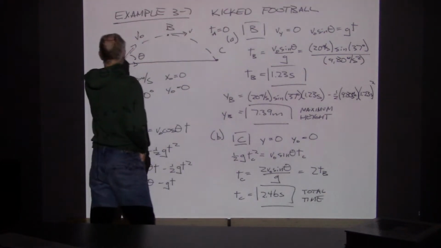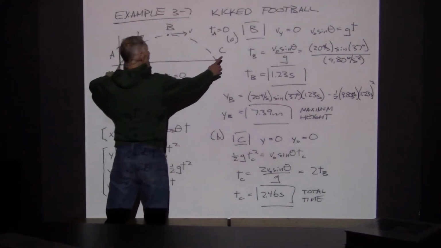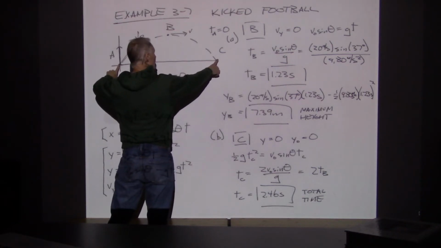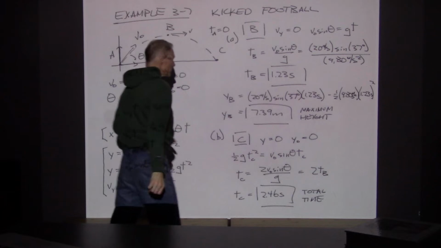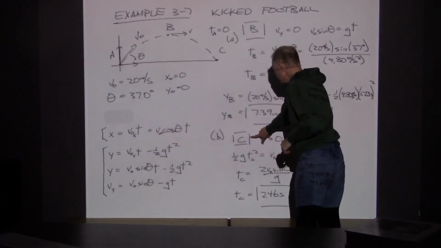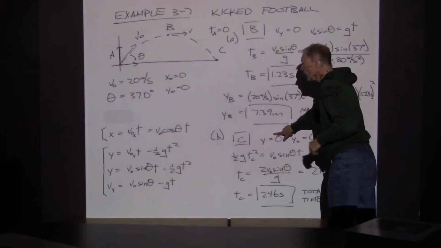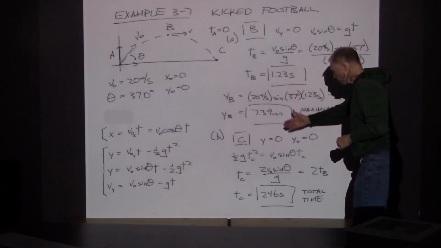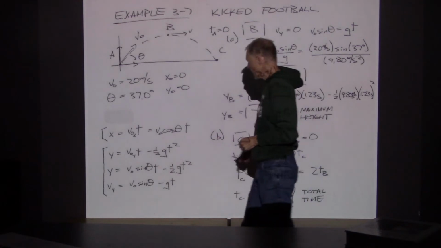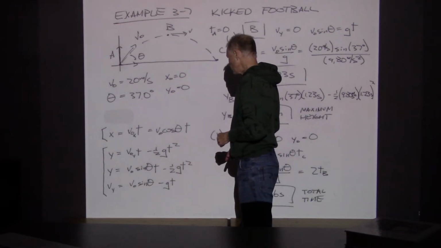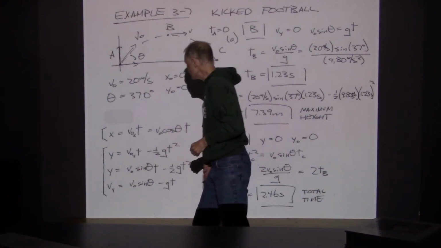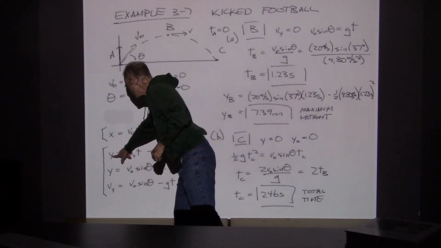What we could say is y naught is equal to 0, and then at point C, when it hits the ground, it's back at 0 again. So I'm thinking in terms of point C, and y is equal to 0, and y naught was equal to 0. Those two drop out. So if I come back to this equation, y is equal to 0.